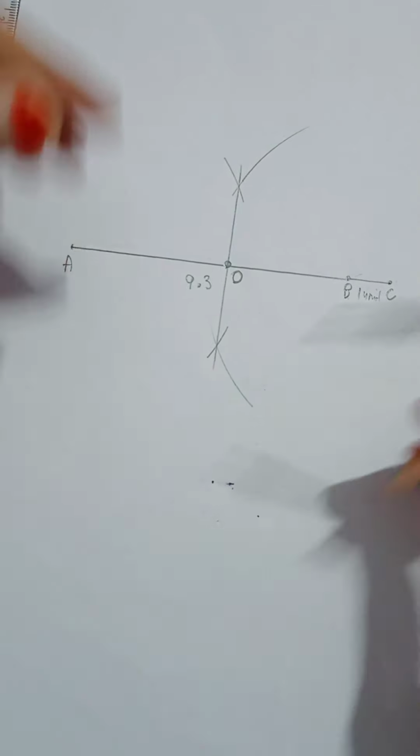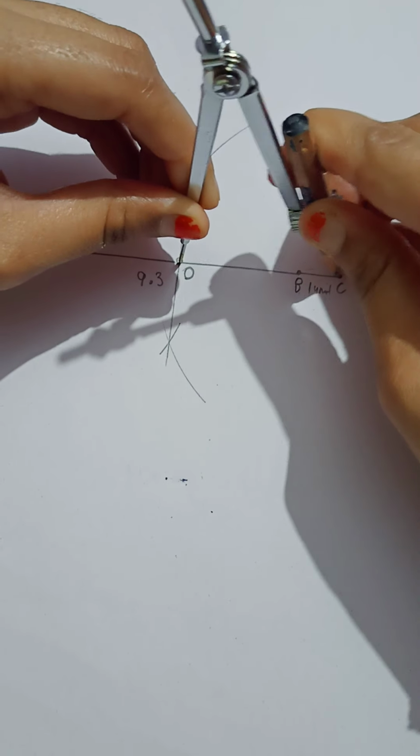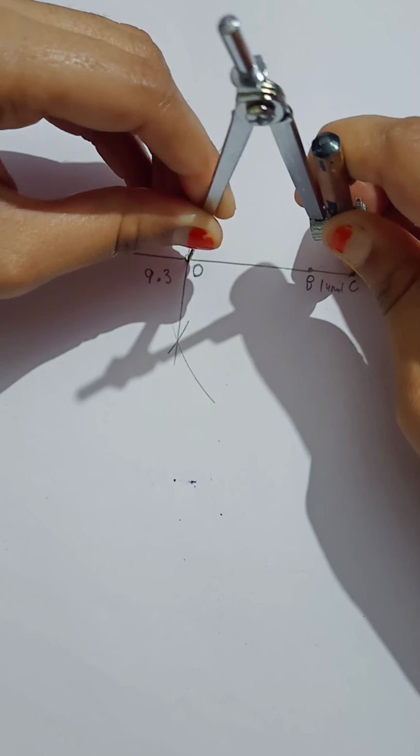Now we take OC as the radius and we draw a semicircle.